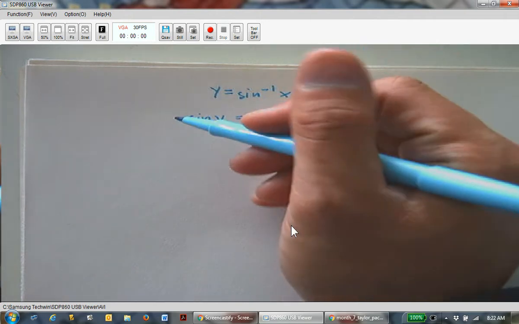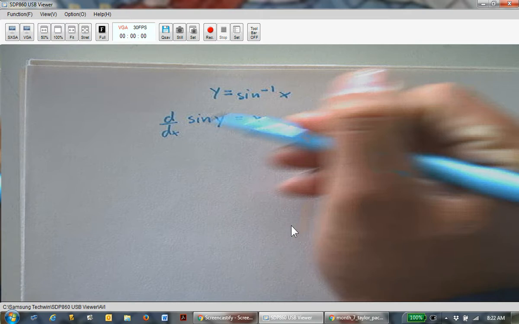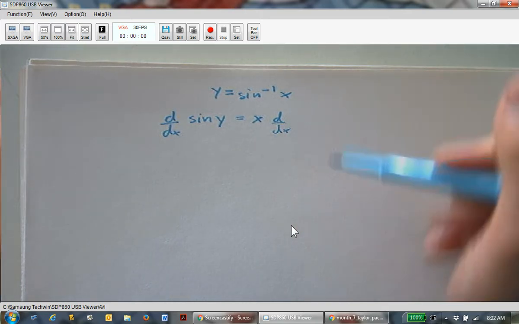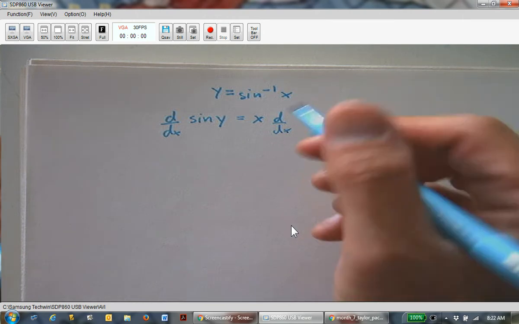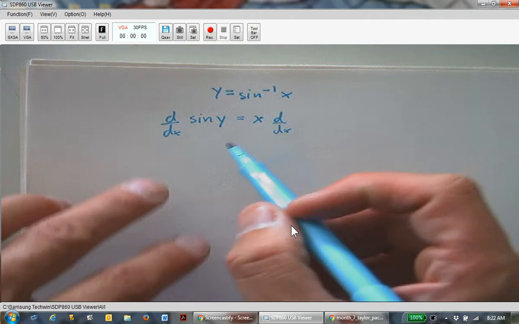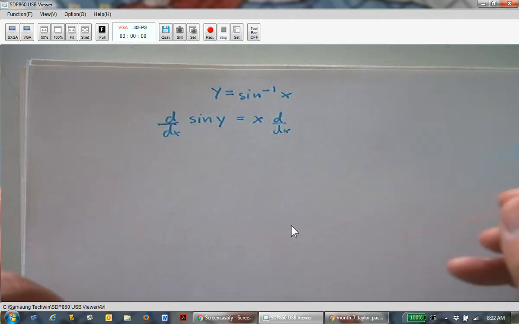So what I'm going to do is find the derivative with respect to x. And whatever I do on one side, I have to do to the other side. And here, I know it's a little bit difficult to see and remember, but it's implicit differentiation.